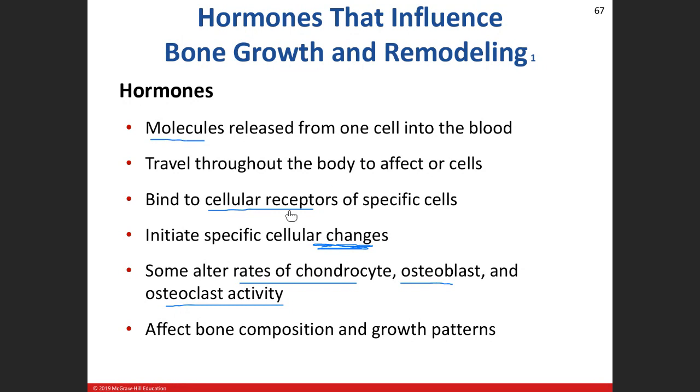Maybe some secondary messenger, maybe some direct changes there onto these target cells. And then these target cells will undergo certain changes. Maybe they'll make proteins for something, right? Maybe they'll, again, stimulate the rate of chondrocyte, osteoblast, and osteoclast activity.